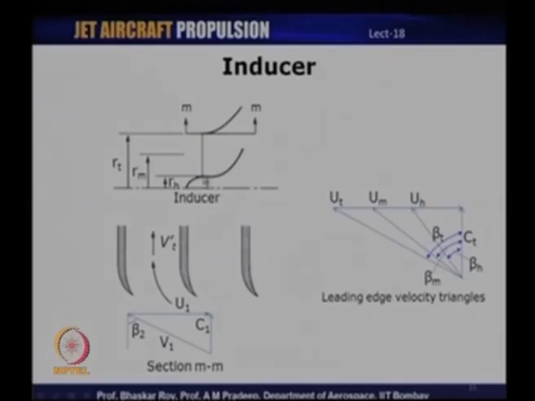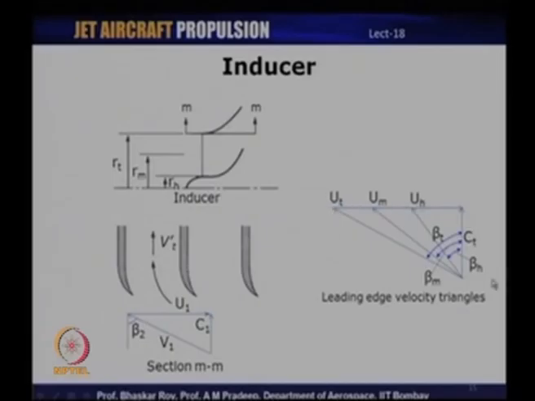So, from the hub to the tip of the rotor, if this is the hub section which has a radius of r h, the mean section radius is r m, and the tip section radius is r t, the corresponding velocity triangles will change because the blade speed changes for each of these locations. For the hub section we have a blade angle of beta h, for the mid section it is beta m, and for the tip section it is beta t.